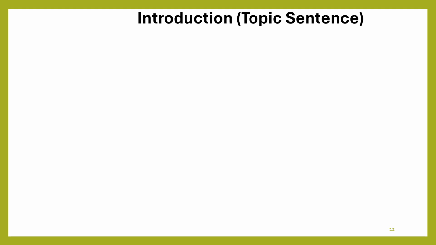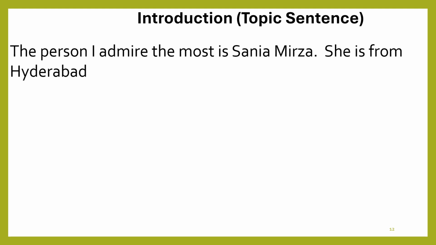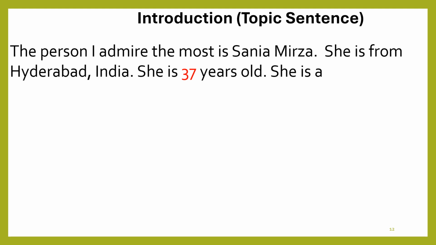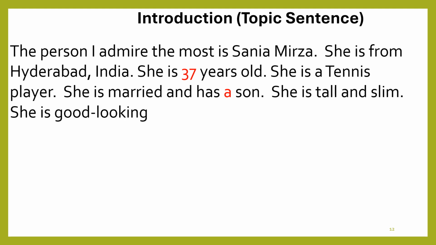Pay attention to the words written here. The person I admire the most is the name of the person you need to write. Then place. She is from. Then she is, you need to write her age. She is a tennis player, profession. She is married and has a son. Then she is tall and slim, her height and body.